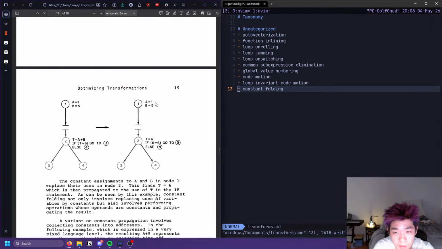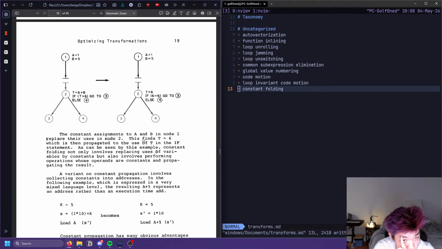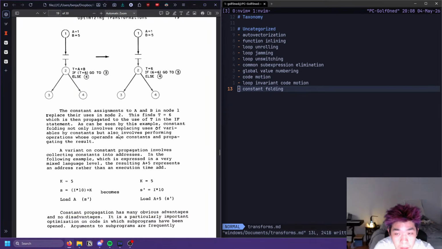Yeah, so this is just replacing uses of a variable that's assigned a constant with just the constant. Here we replace a with 1 and we replace b with 5, and then we also just pre-compute that. I think constant folding and constant propagation are distinct as well, right?